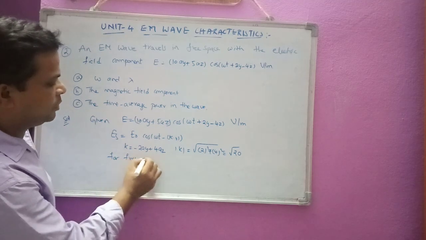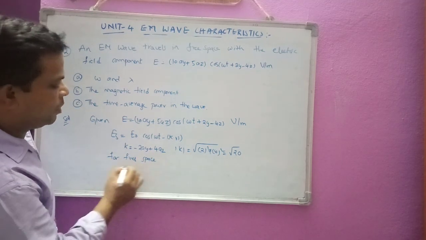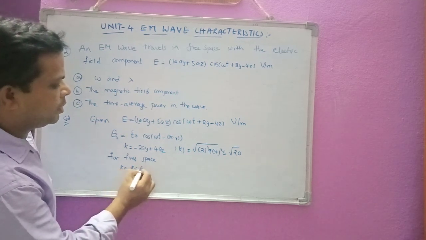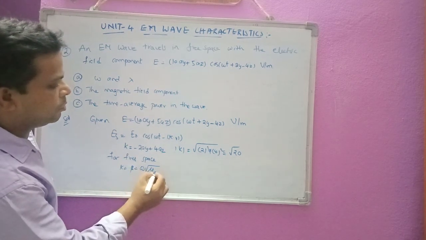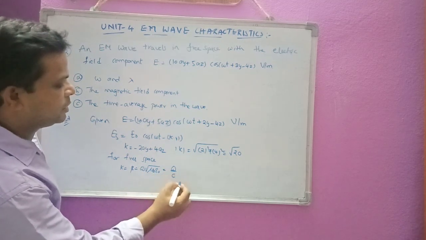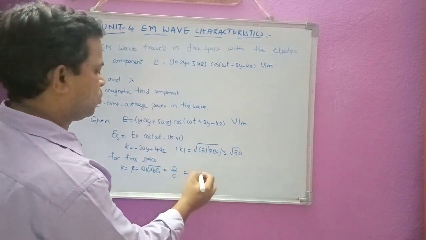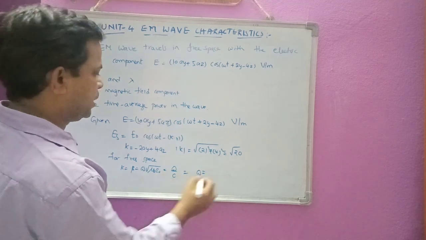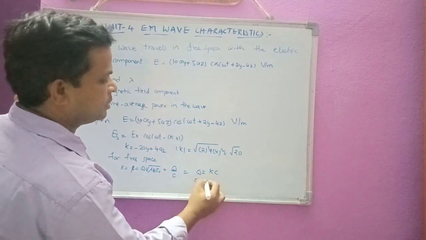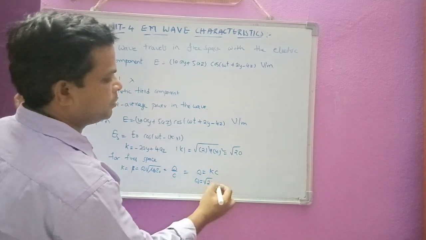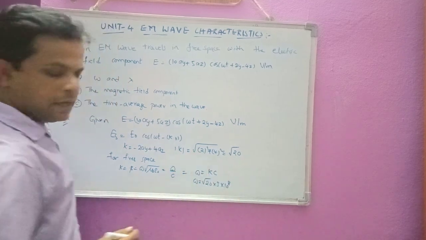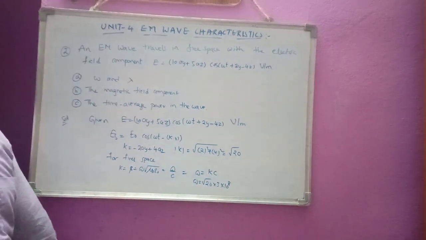For free space, we know the formula k is equal to beta, which is omega root mu naught epsilon naught, that is omega by c. So omega is equal to k into c, where k is root 20 and c is 3 into 10 to the power of 8 meters per second.